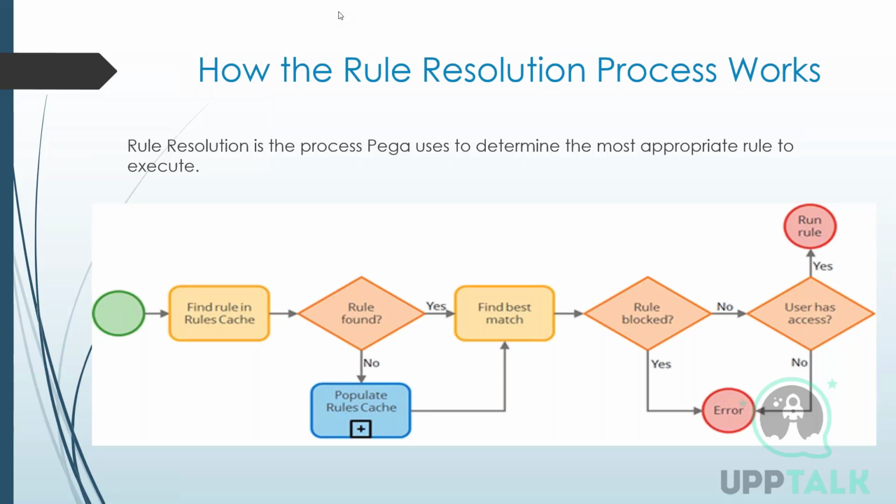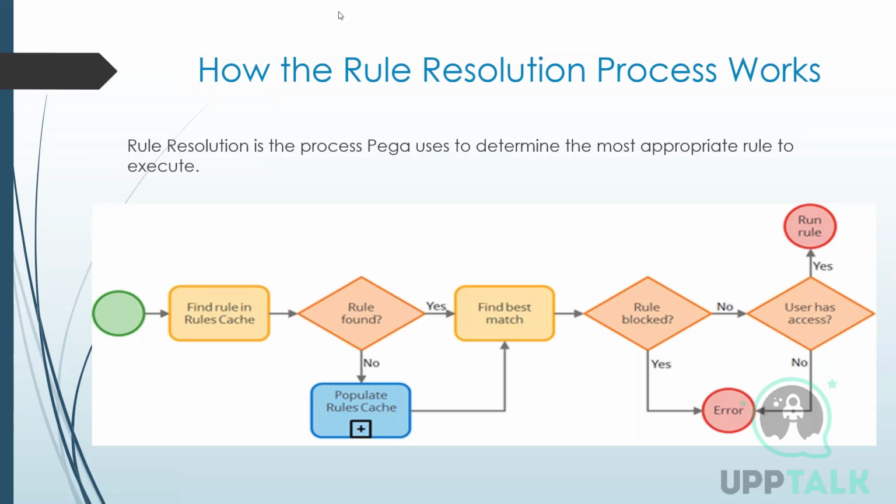Later on, when you start creating more and more rules, the cache is already generated, so the system will just look after those rules that you have newly created. It doesn't need to go back for the entire set of the application. So this population of the rules cache is done for the first time, and that's why it takes a bit longer to execute the rules.